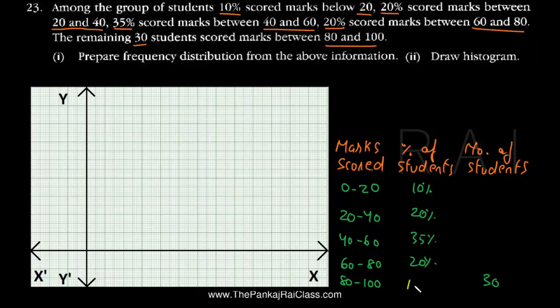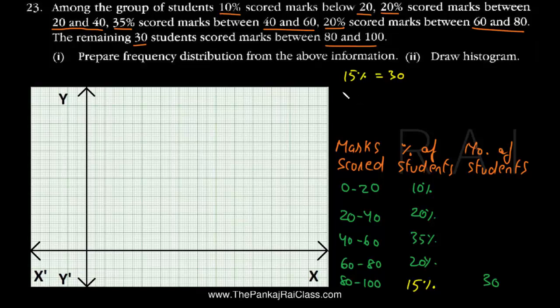So the remaining students are actually 15%. Now from this table we can see that 15% of students amount to 30 students. So that means 15% is equal to 30 students.